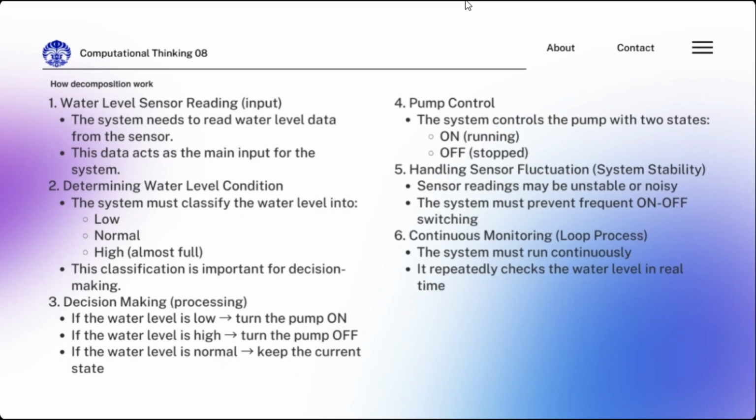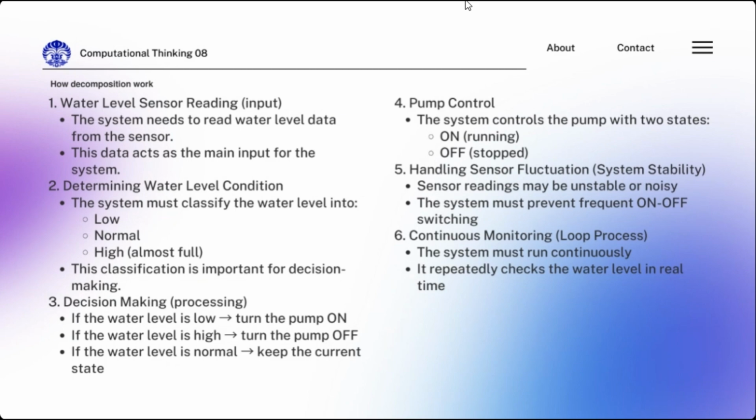This classification is important for decision making. The third is decision making or processing. If the water level is low, turn the pump on. If the water level is high, turn the pump off. If the water level is normal, keep the current state.